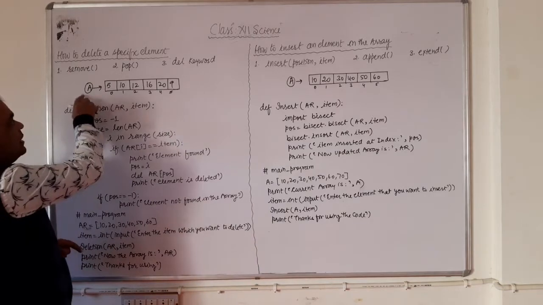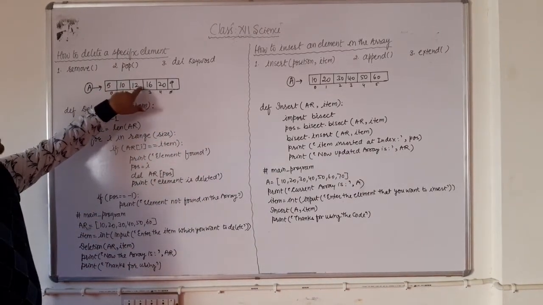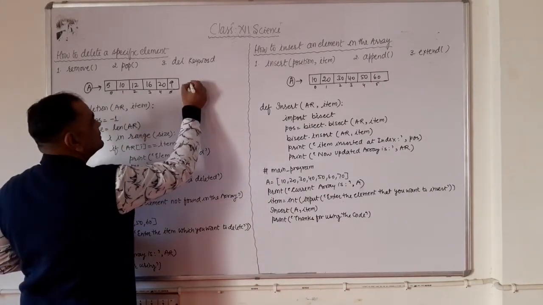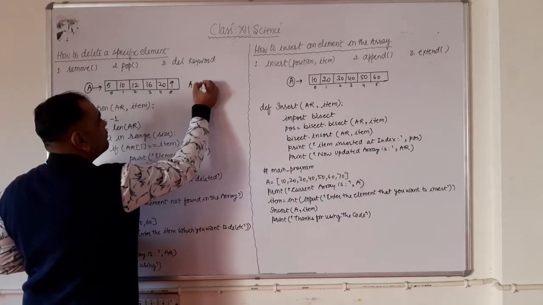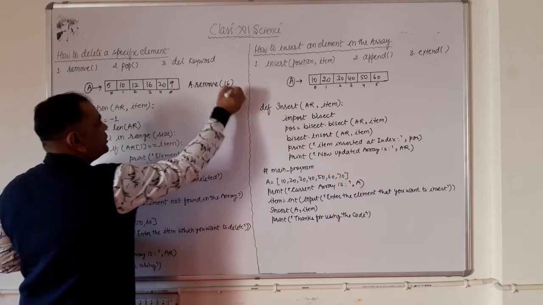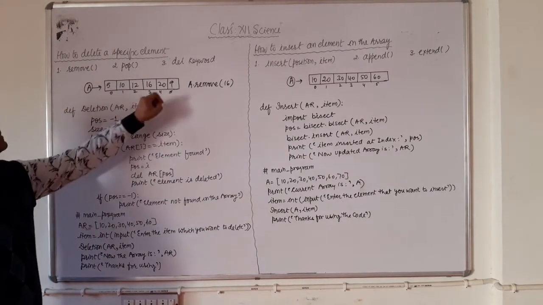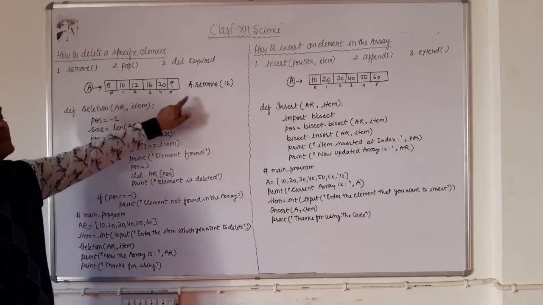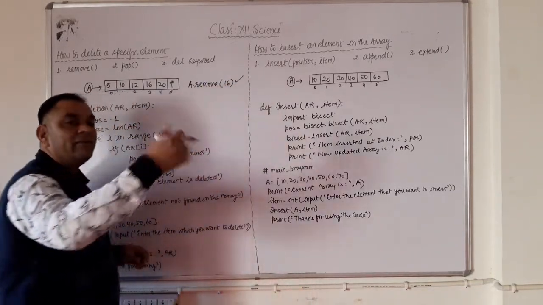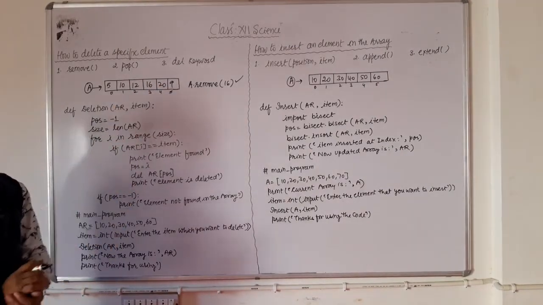Just see here, the name of the array is A, and if we want to remove 12 from the array, then our code is A.remove, bracket, and here you just put your item. Clear? You just put your element that is there inside the array, right? So it is the very first technique. It is a default technique. The remove function is already available in Python. You can remove an element by using the remove function, right?